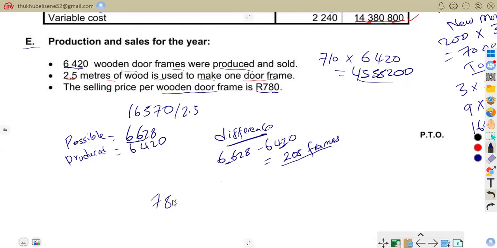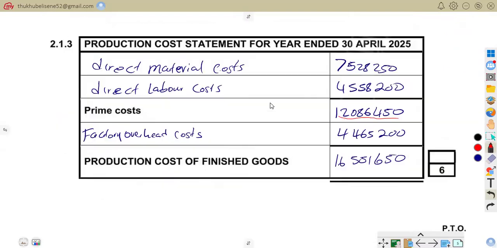So we are going to say 780 multiplied by 208. This will give us 162,240. So this is our answer. The 208 frames we multiply by the selling price per wooden door, which is 780. So now we can record it.